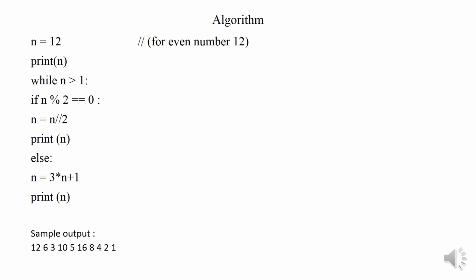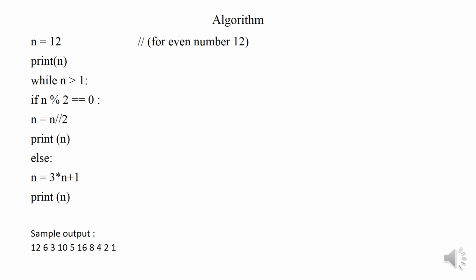We find the output 6. Then we again check the while condition, 6 is greater than 1. Yes. We find the modulus of 6 mod 2. We get 0 here again. Remainder is 0. So 6 is an even number. We get 6 divided by 2, we get 3.